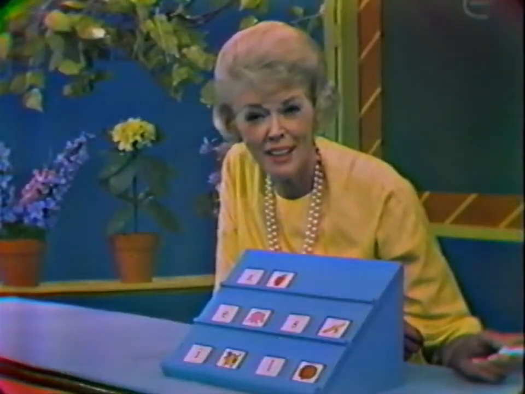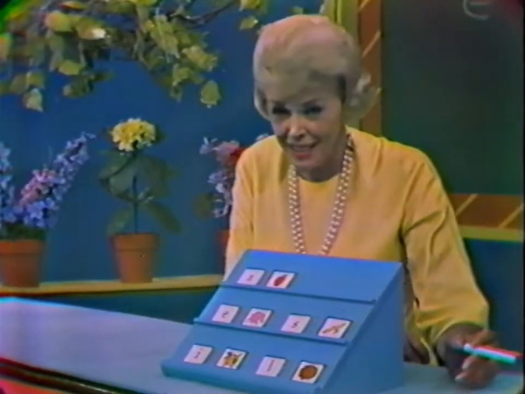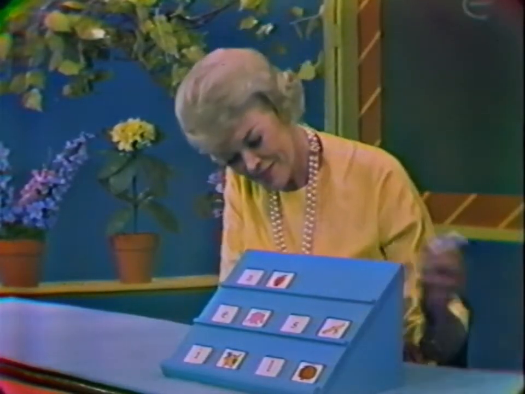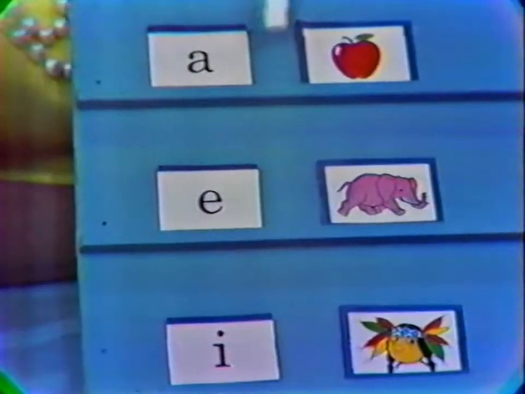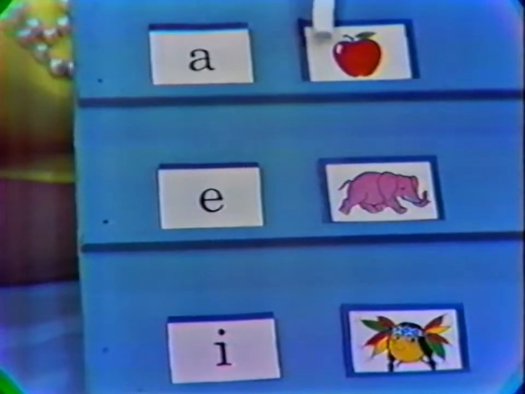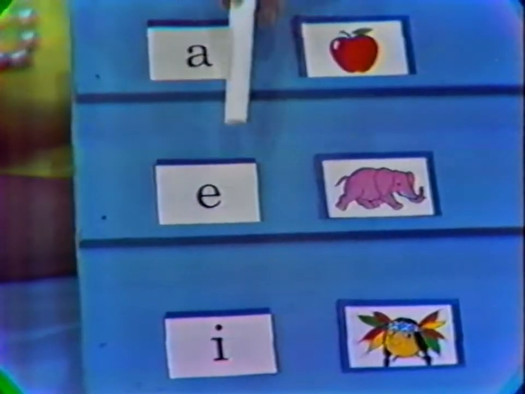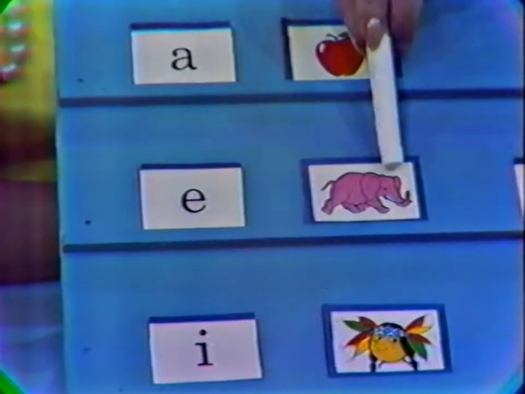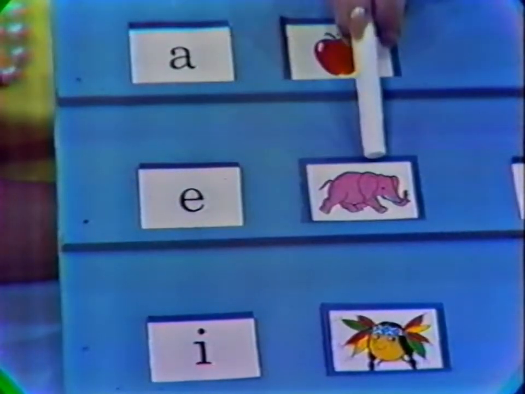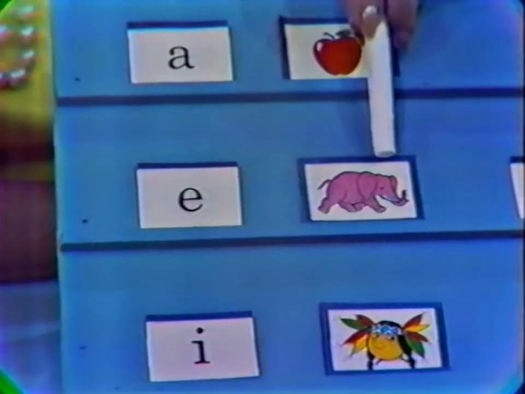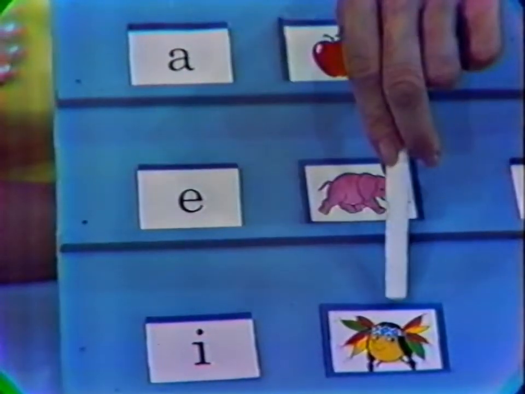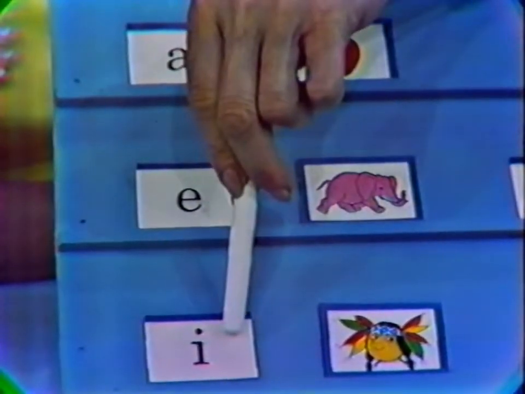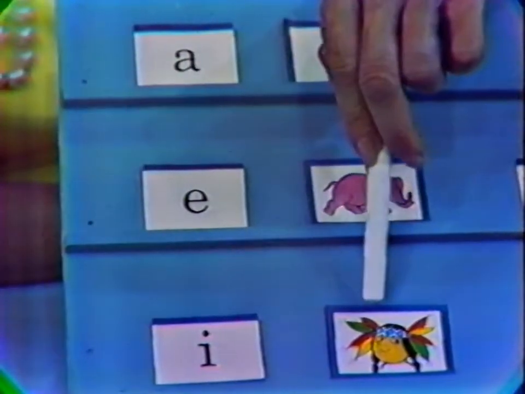The clue to A is in the apple. Apple, apple. The clue to E is in the elephant. Elephant. The clue to I is in the Indian. Indian.